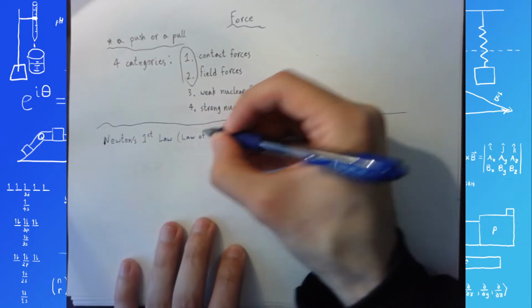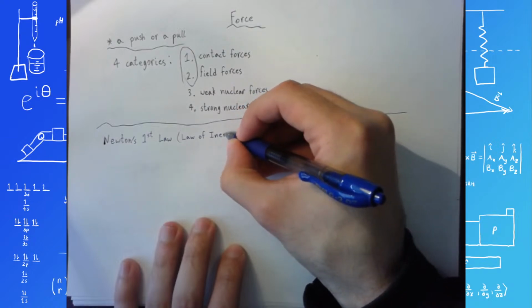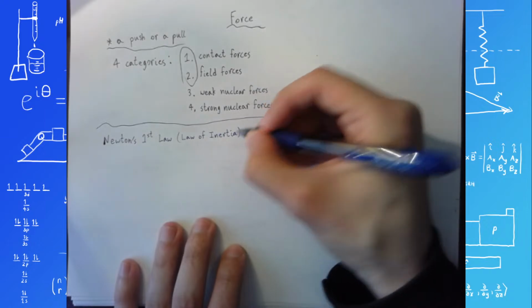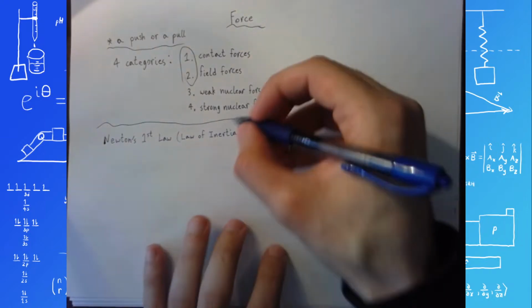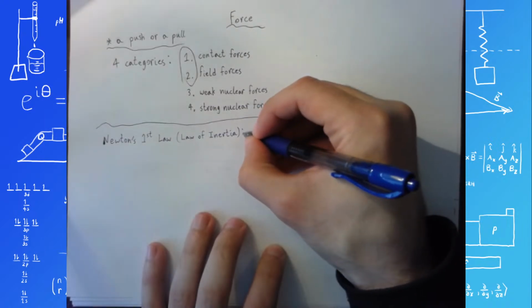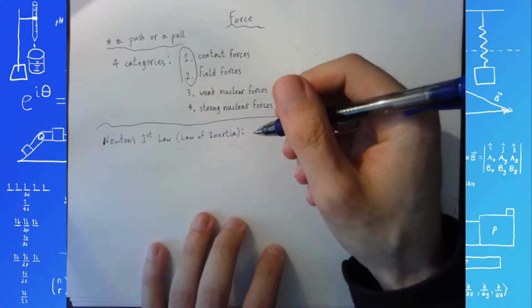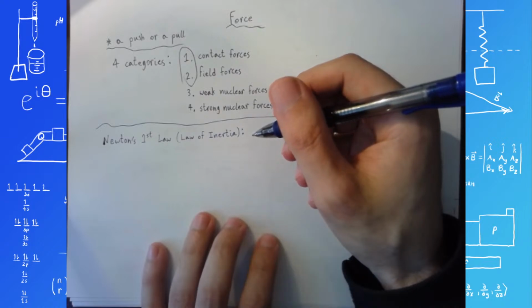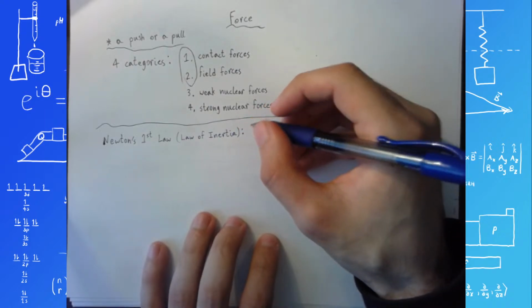All of Newton's force laws have names associated with them. So Newton's first law is also called the law of inertia, and it says, I'm sure you've all heard it before, probably misused in that one stupid pharmaceutical advertisement about arthritis or whatever.